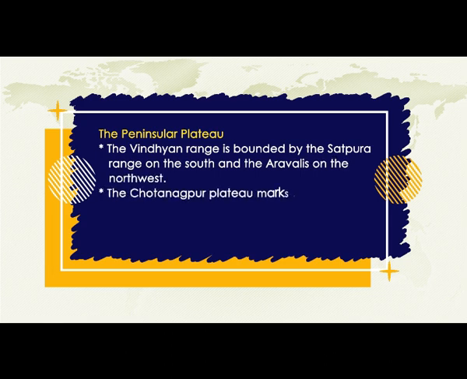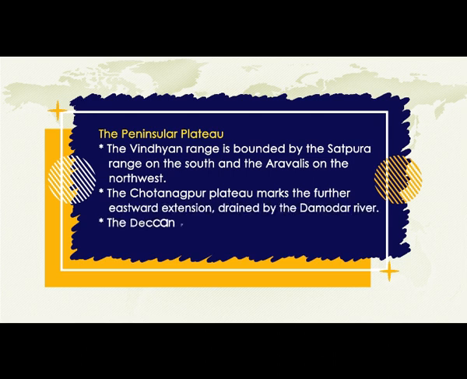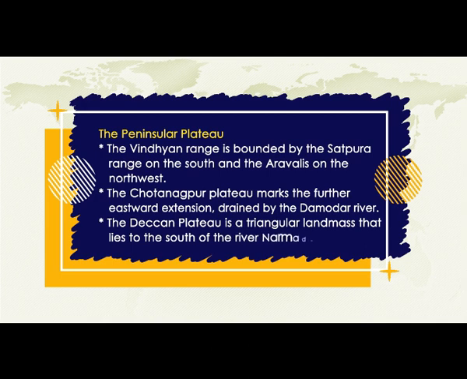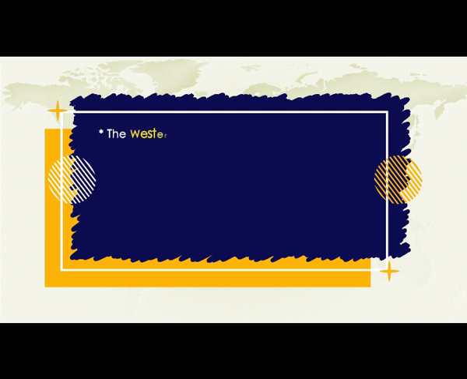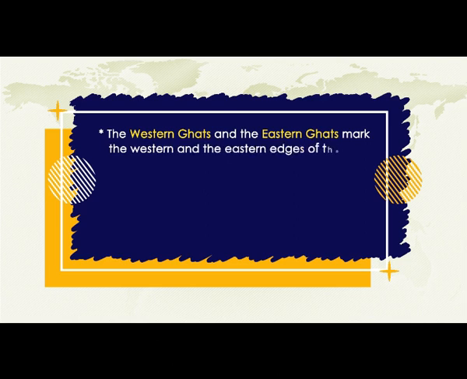The Chota Nagpur Plateau marks the further eastward extension, drained by the Damodar River. The Deccan Plateau is a triangular landmass that lies to the south of the river Narmada. The Western Ghats and the Eastern Ghats mark the western and the eastern edges of the Deccan Plateau respectively.